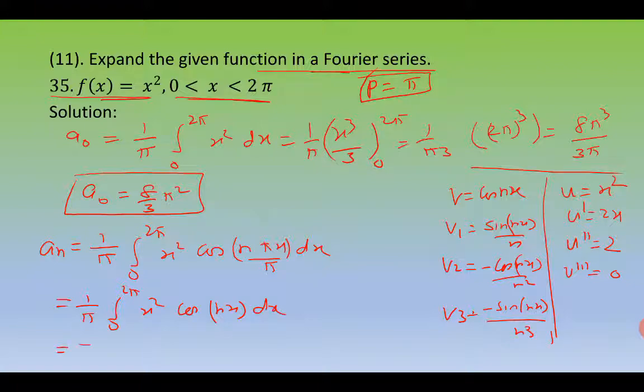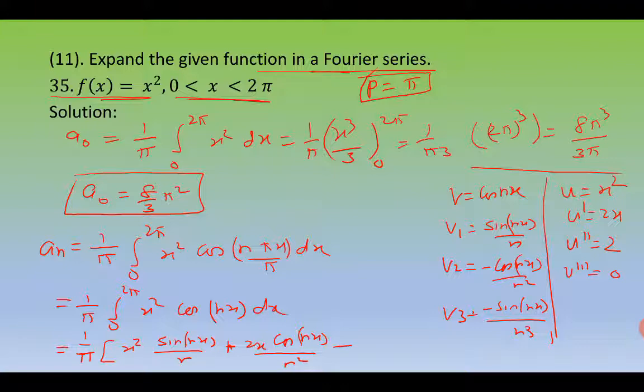Use the formula, with 1 over pi outside: u v1, where u is x squared and v1 is sin nx over n, minus u prime, which is 2x, times v2, which is negative cosine, so it will be positive here, cosine nx over n squared.